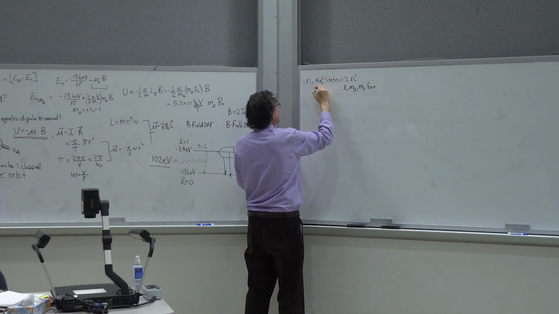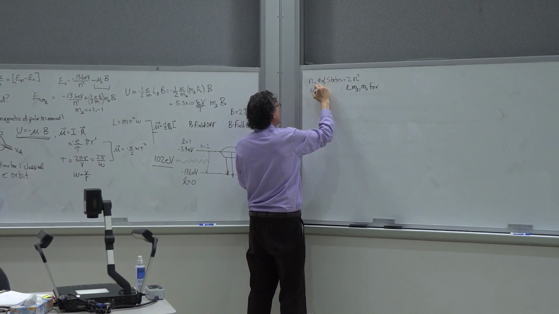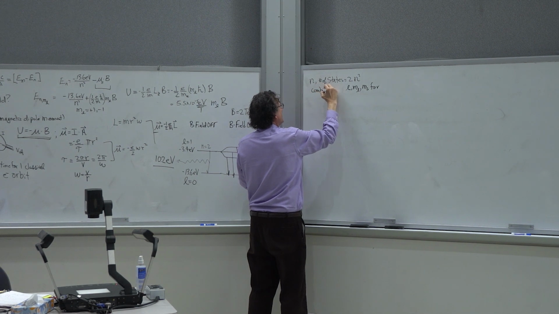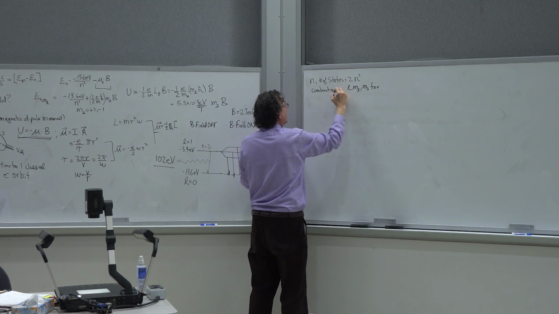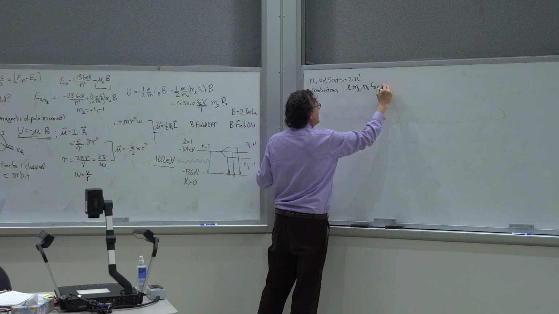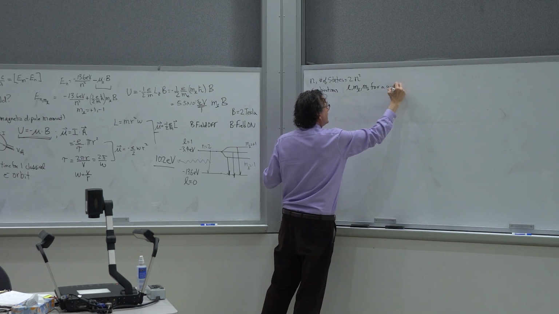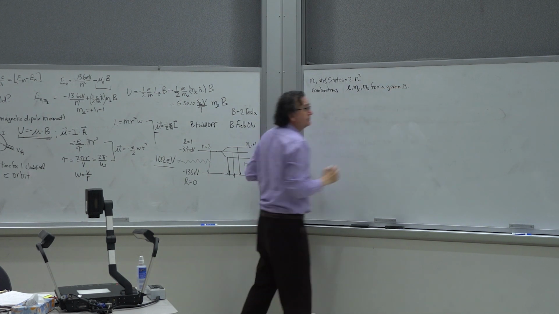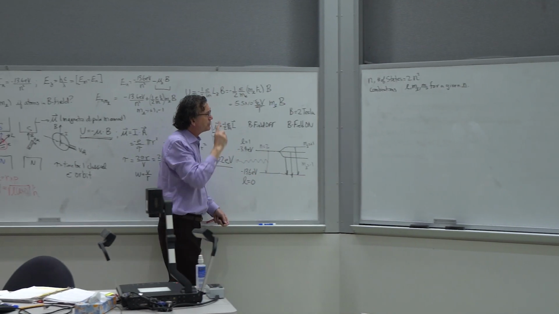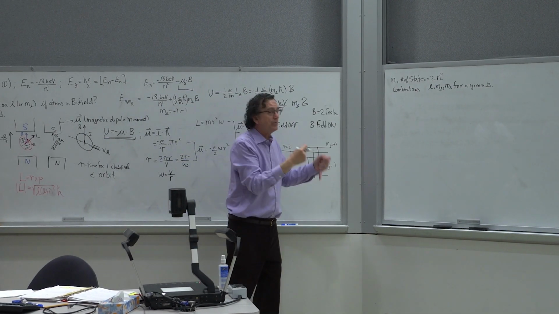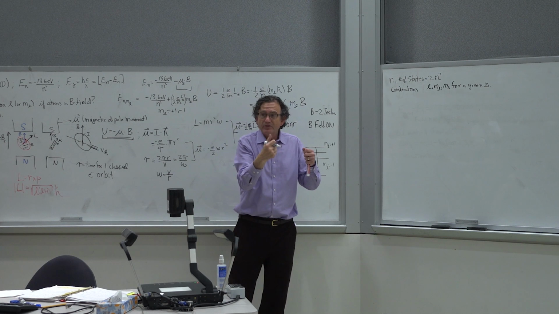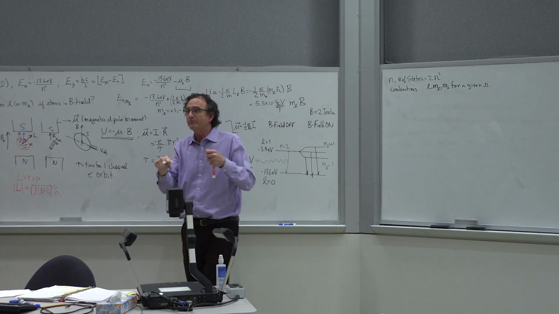This is the number of combinations of L, m sub L for a given n value. That's what we came up with before, and this factor 2 came from the idea that in the atom, the electron can either have spin up or spin down.